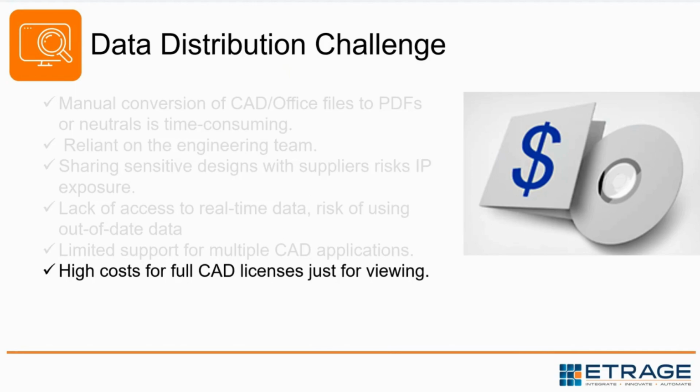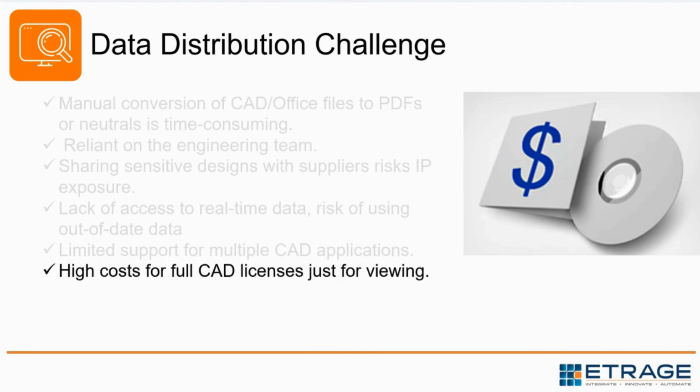That becomes an issue because many companies face this, especially when you have only a few people who are editing and needing full access to this information, which in this case becomes the engineering team. And you find that most people that actually consume this downstream are quite a lot of people.